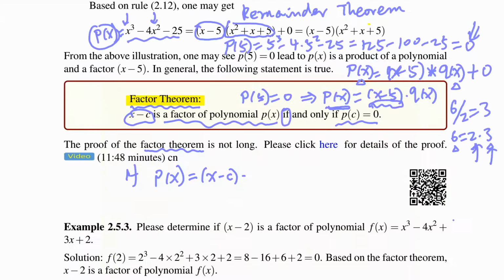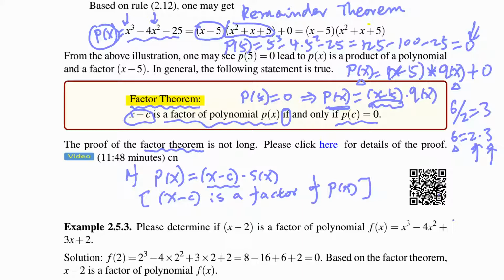Let's say you may say another polynomial is s of x. Then what's going to happen? This basically says x minus c is a factor of p of x.